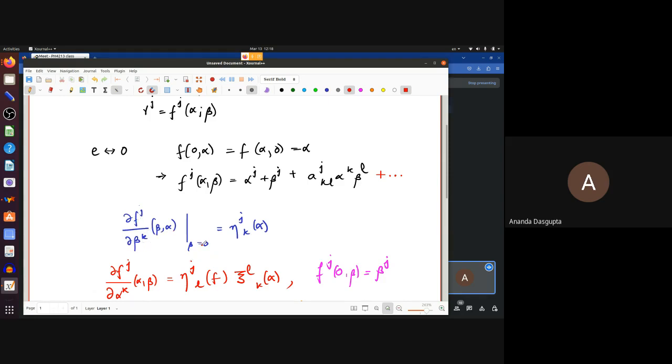Beta is zero, but alpha is not zero. Alpha is anything. So this is actually not just the behavior of fj close to the origin. Here, fj far away from the origin also comes into account. So by changing the coordinate systems in such a way that fj's change far away from the origin, I can actually change the eta jk's while keeping the cjk's intact.